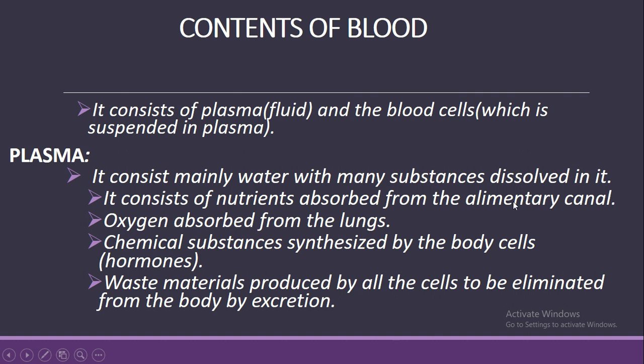It also contains oxygen absorbed from the lungs. Here I have to mention that blood containing oxygen is called oxygenated blood, and blood containing carbon dioxide is called deoxygenated blood.